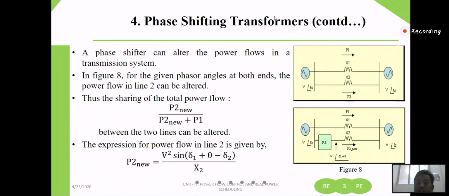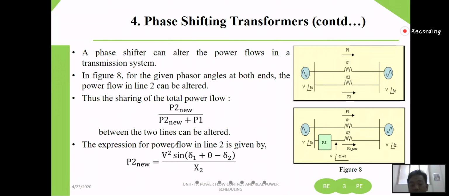If you want to change the power flow in line 2, I have given an example here. Similarly, you can do it for line 1 also. If you want to change the power flow in line 2, we assume that after introduction of the phase shifter, the power flowing in line 2 is P2 new, and earlier it was only P2.